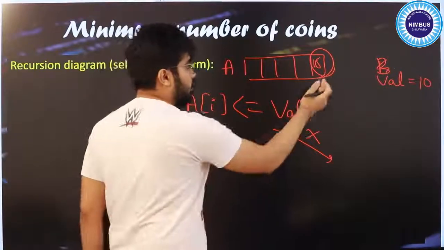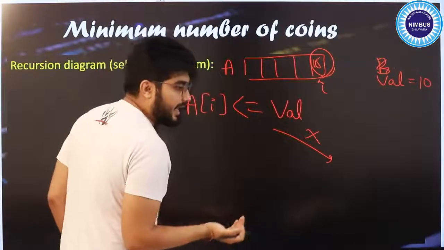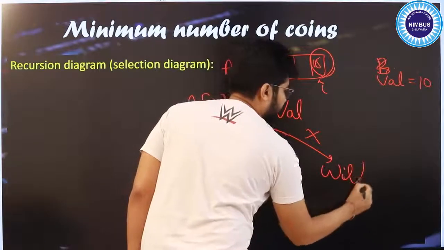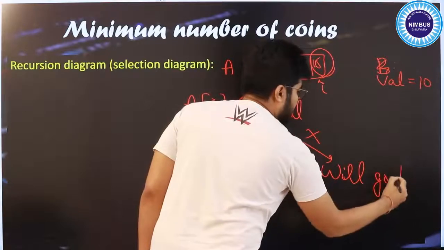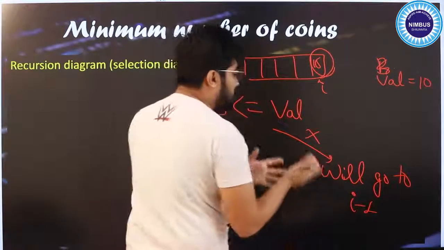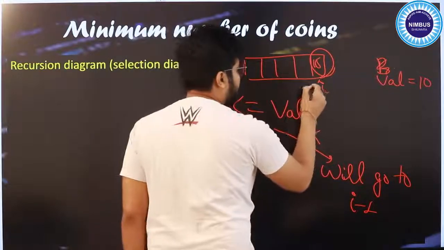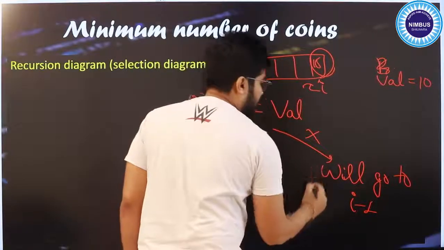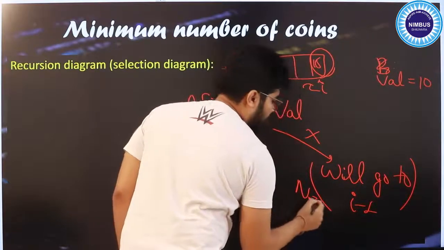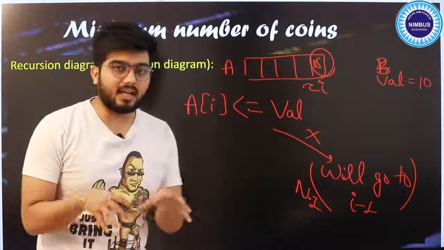So you will simply move to the next denomination, i minus 1. Basically we will not include this in our answer.